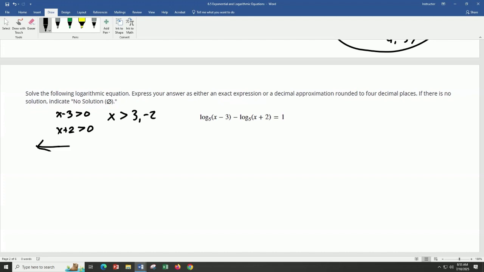Because if you drew this on a number line, I'm going to have -2 here. I'm going to have 3 over here. Which one's it greater than? Can't be greater than them both, can it? No. You learn this in class. Remember, your restrictions when dealing with things like this come where they intersect.